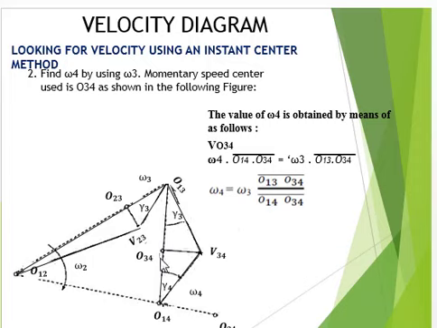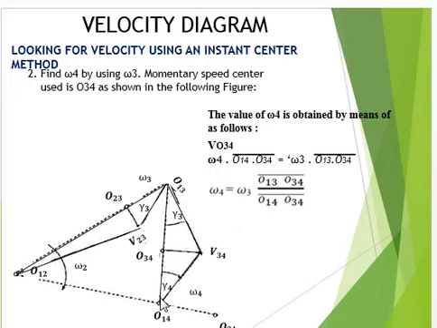This is the point of linear velocity. This point has an equal velocity from the positions of omega 3 and omega 4.